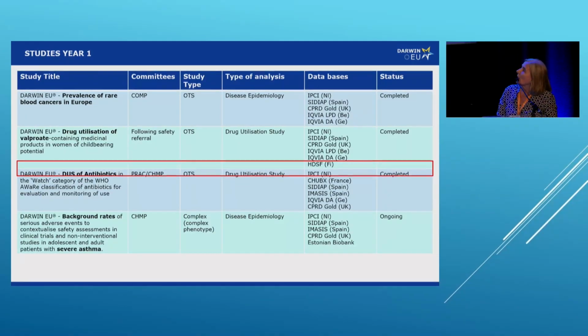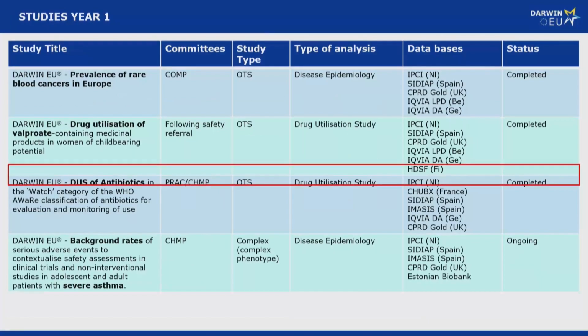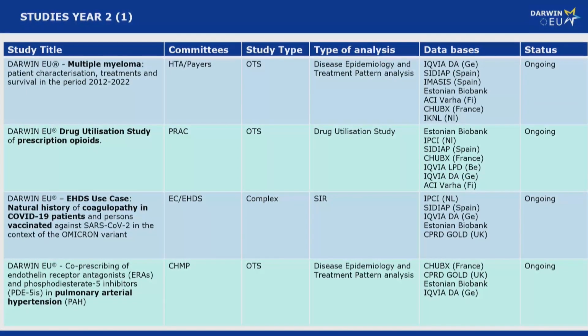These are the studies that we conducted in year one. I'm not going to list them all because Andrea already alluded to them, but we did a disease epidemiology study, 2 drug utilization studies, and then a complex study, and 2 of the studies will be discussed in more detail later on. For this year, these studies have been discussed by Andre as well.